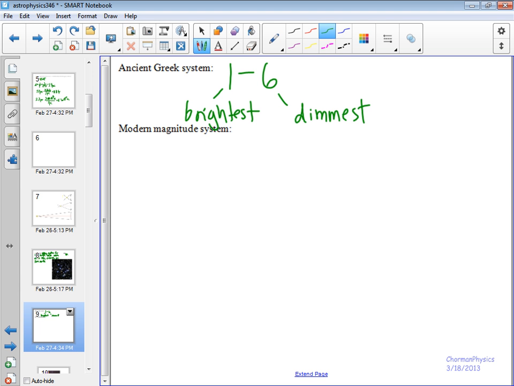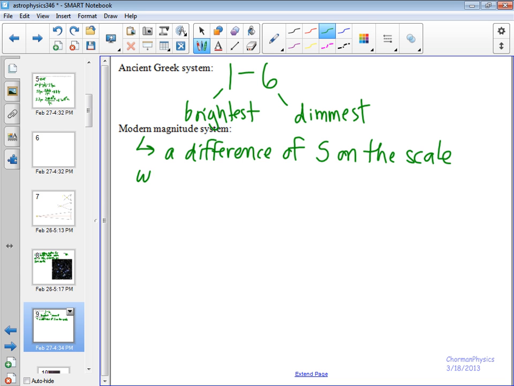What the modern magnitude system has done is keep this, and we'll keep the numbers 1 through 6, but make the scale a little bit bigger, and keep going on either end. The main idea here is that a difference of 5 on the scale will indicate a change of brightness by a factor of 100.